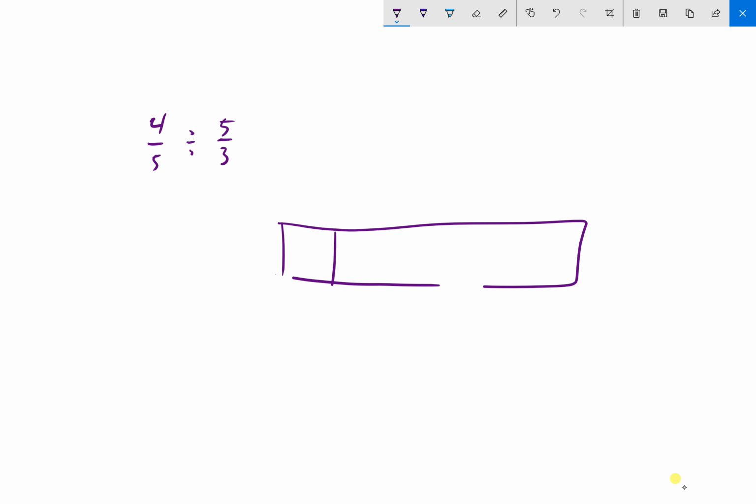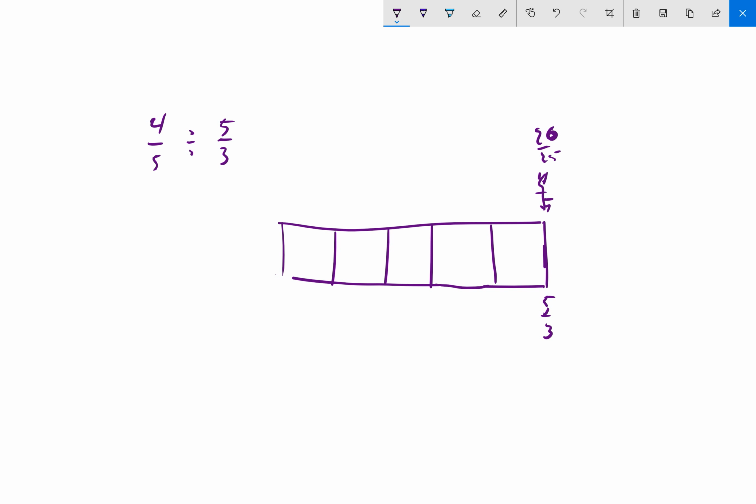So here's 1/3, 2/3, 3/3, 4/3, 5/3. And like I said, I'm hoping this isn't going to be a big mistake. So my 5/3 goes there. My 4/5 goes here. I'm going to multiply by 5/5, which would make this into 20/25. 1, 2, 3, 4, 5.